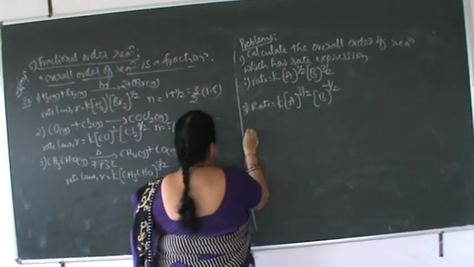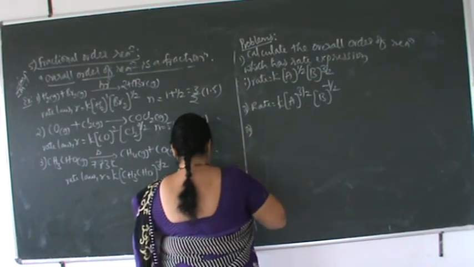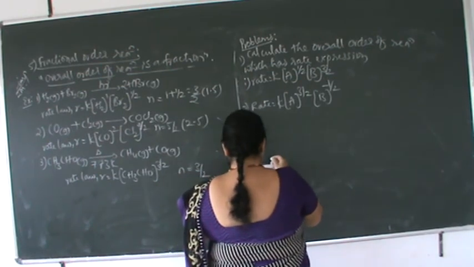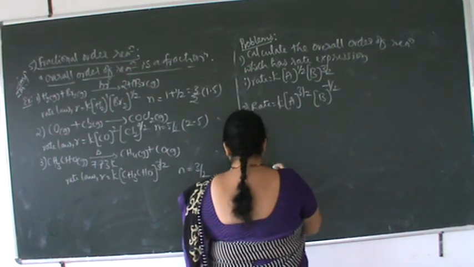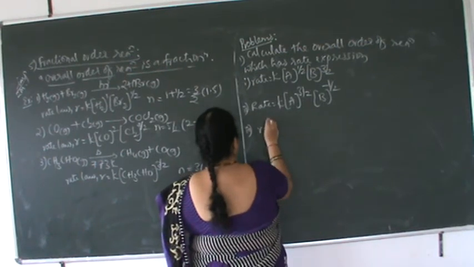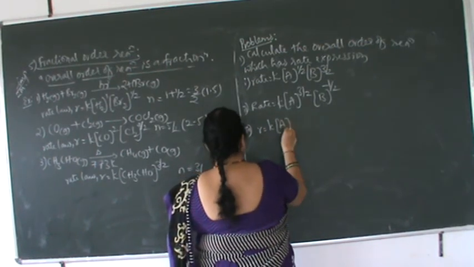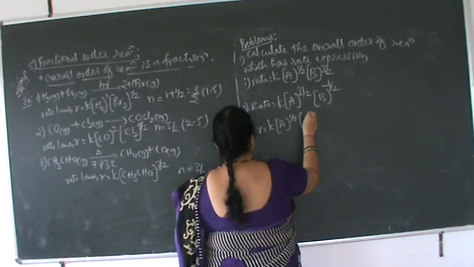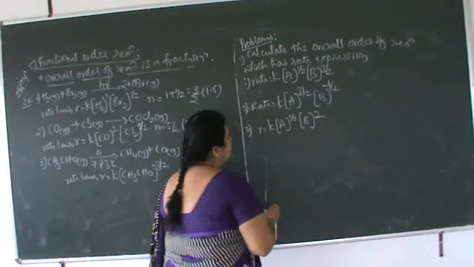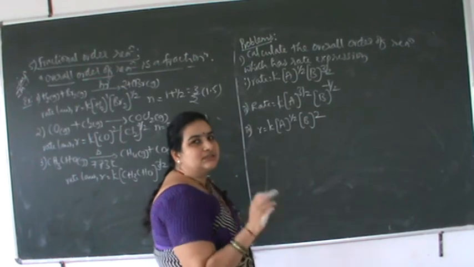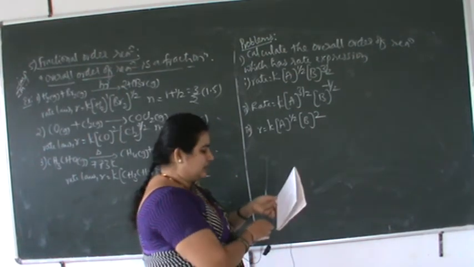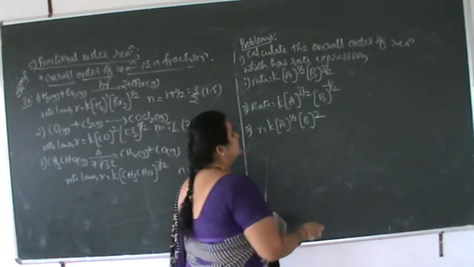Then third question, rate is equal to K into [A] raised to half into [B] raised to 2. So this is the question, and this question is asked for 1 mark. So just write the order.